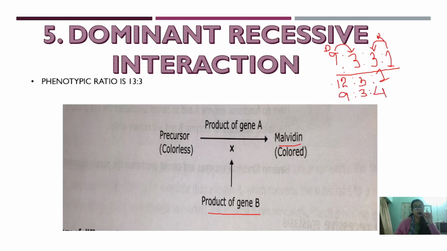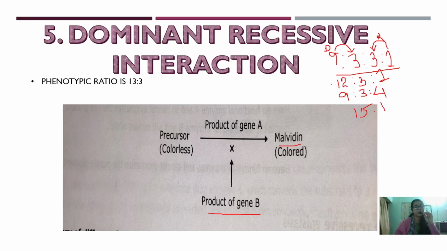Now, this is the dominant recessive. Now you need to add two more times when you add for the duplicate dominant as well as duplicate recessive. First we will add for the duplicate dominant. So 9 plus 3 is 12, then 12 plus 3 is 15. So we get the ratio for duplicate dominant, 15:1.